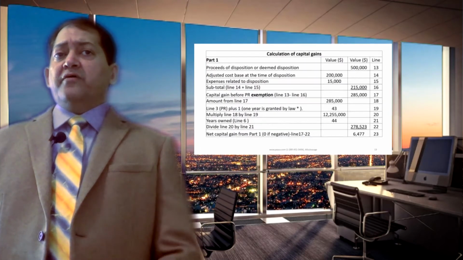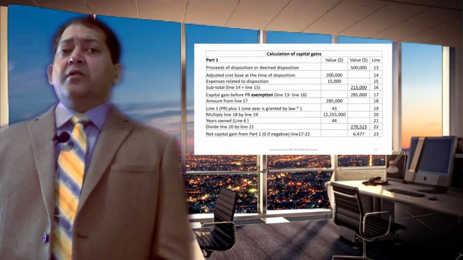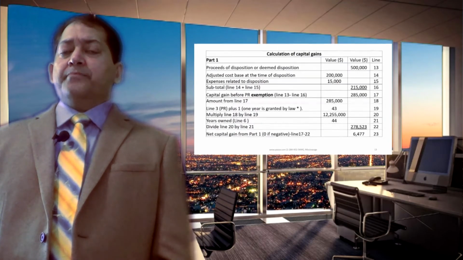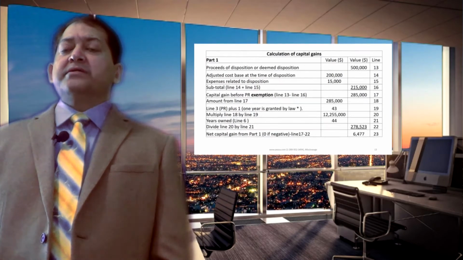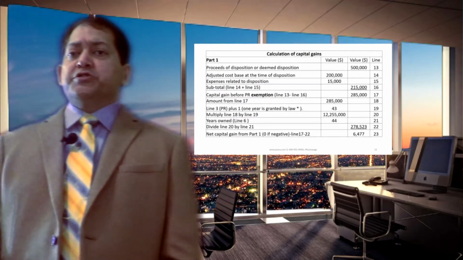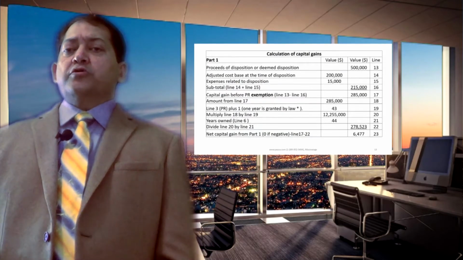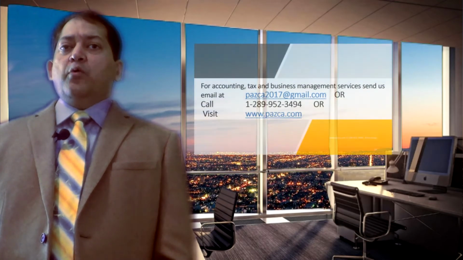So this is how, within the context of this illustration, we'll assume that the individual will declare his or her capital gain as $6,477 for this disposal or deemed disposal in year 2016, and it has also to be mentioned in Schedule 3 also.